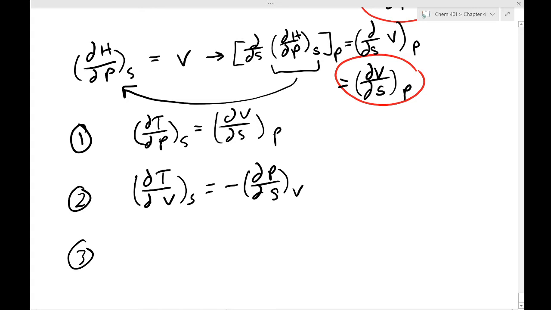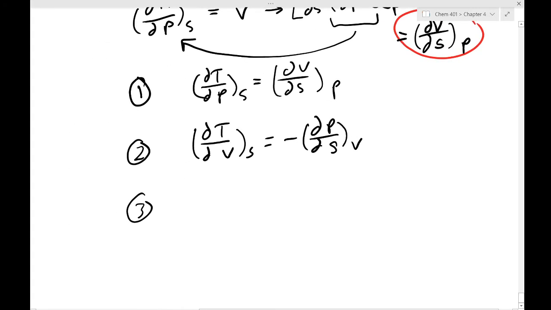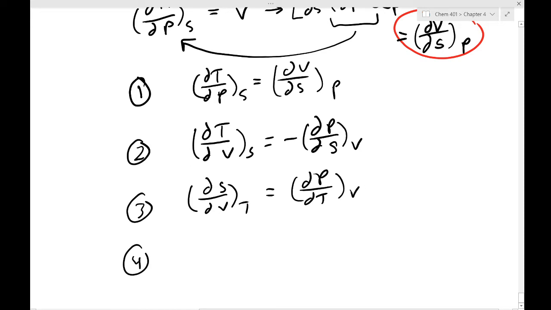Okay, and then for the third equation above, we can say that the change in entropy with respect to the change in volume at constant temperature is equal to the change in pressure with respect to the change in temperature at constant volume. And finally, number four, the change in entropy with respect to the change in pressure at constant temperature is equal to the negative change in volume with respect to the change in temperature at constant P.